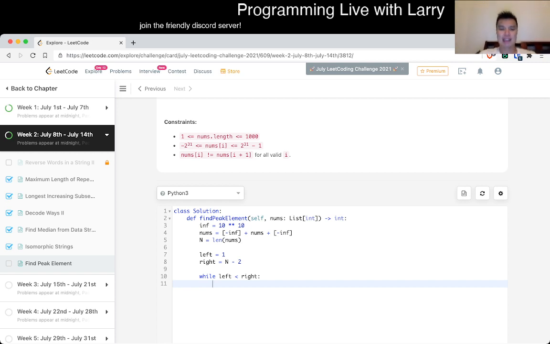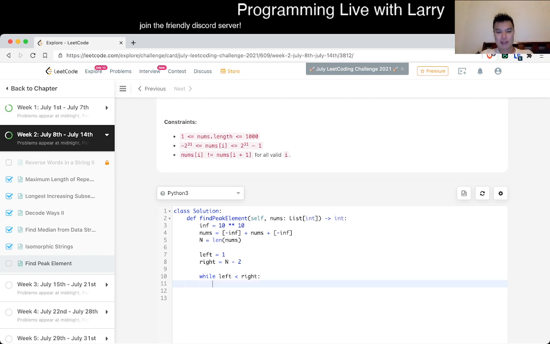I'll repeat it in a second, but here, you may see different ways of writing it, and it just depends on whether your left and right are inclusive or exclusive. For me, I generally keep them inclusive. So I write it like this because when they're inclusive, when you have one element inside the range, that's when left is equal to right, and that's when this terminates.